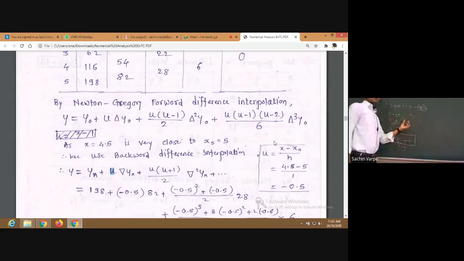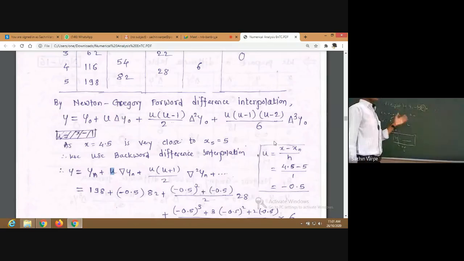We'll substitute the values from the table, delta y naught, delta square y naught, and so on, into the forward difference formula, and we'll substitute the value of u also, in terms of x. Now here x is not given, so whatever the right hand side will be, that will be a complete polynomial in x. That is Newton's interpolation if x is not given.